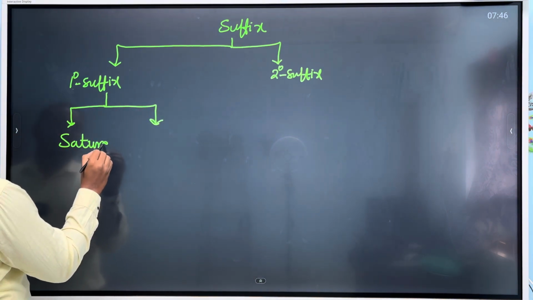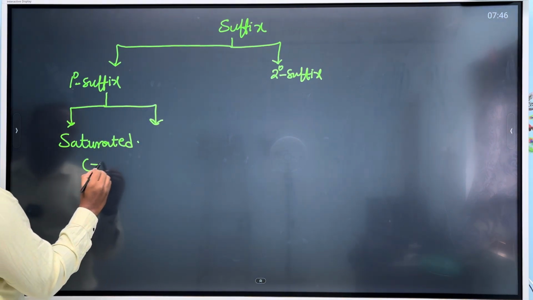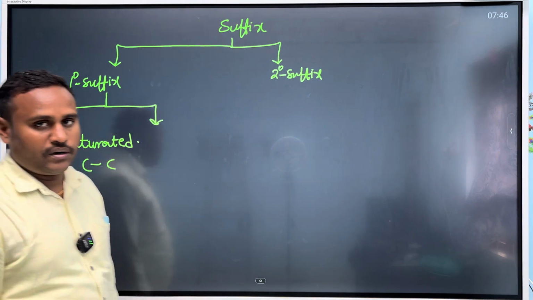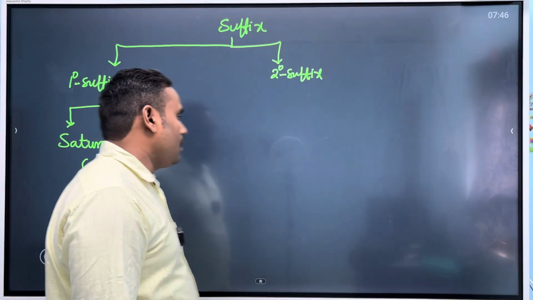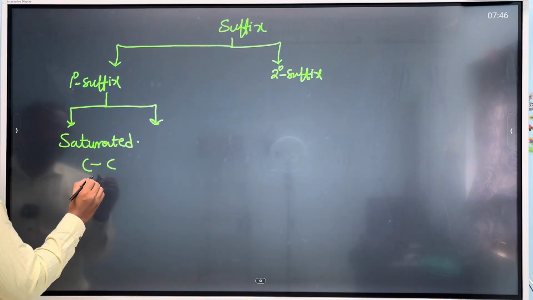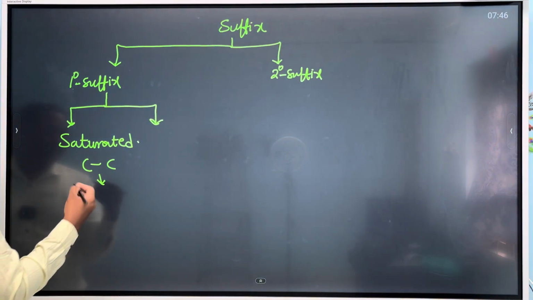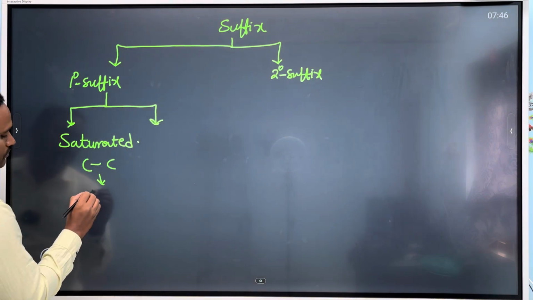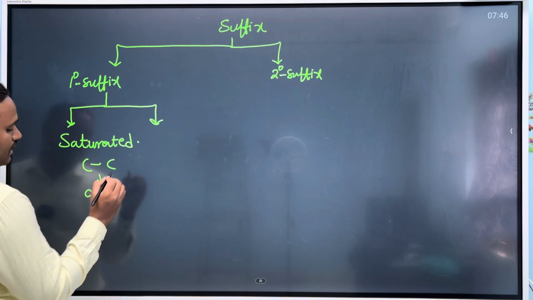A saturated hydrocarbon means that in between carbon and carbon only a single bond is present. When we have only single bonds between the carbons in the main carbon chain, we use the primary suffix ane.